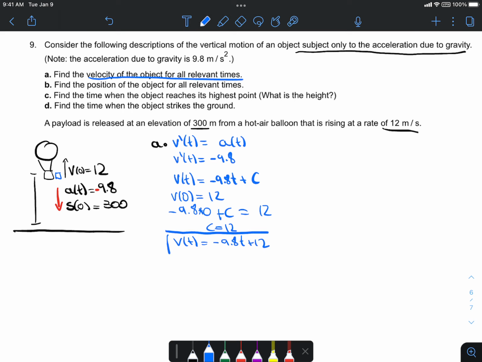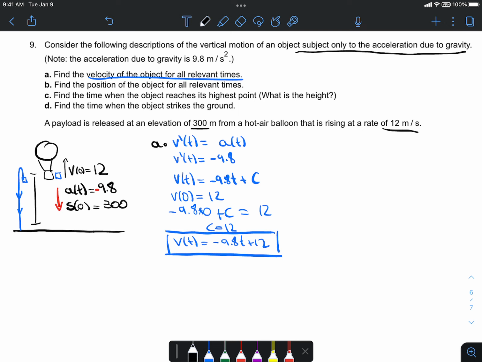That's v. At any time in the trajectory of the load, I can find its velocity. So it's going to start with a positive velocity because it goes with the balloon. It's going to go up for a while, and then it's going to start falling because eventually the acceleration of gravity is going to pull it down. So that was A.